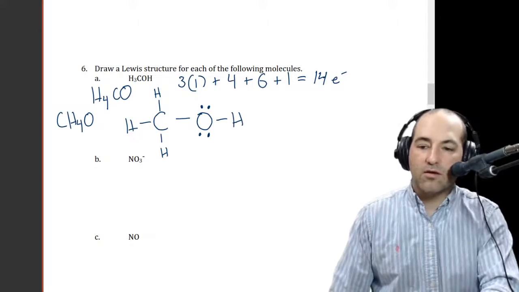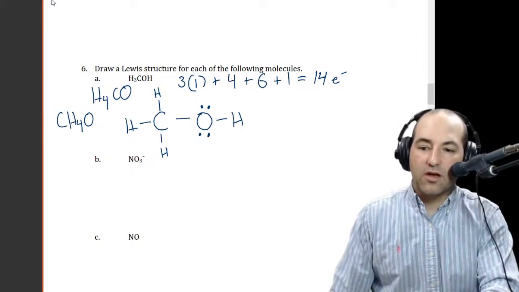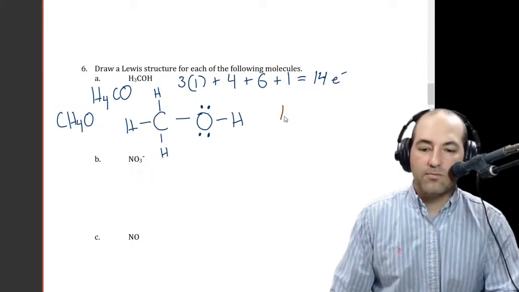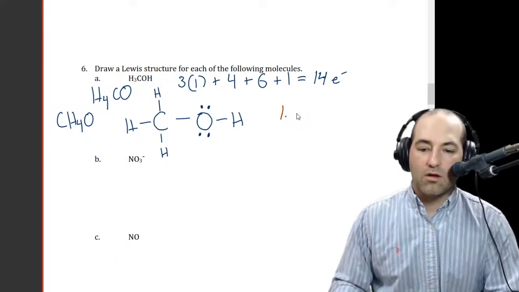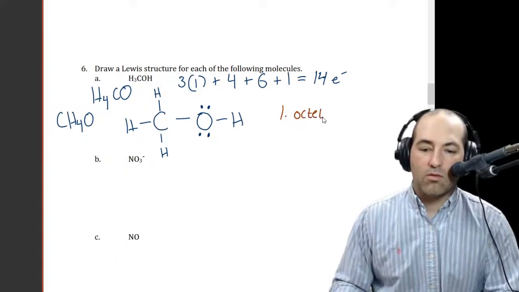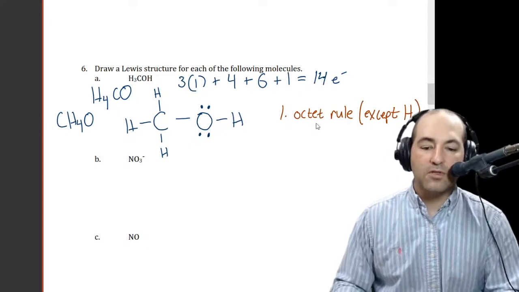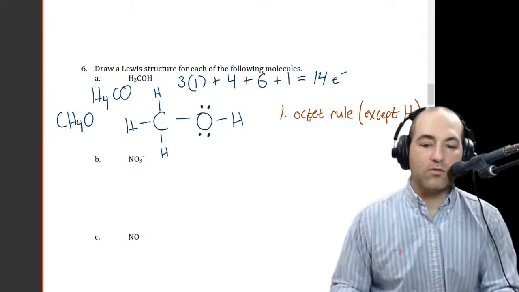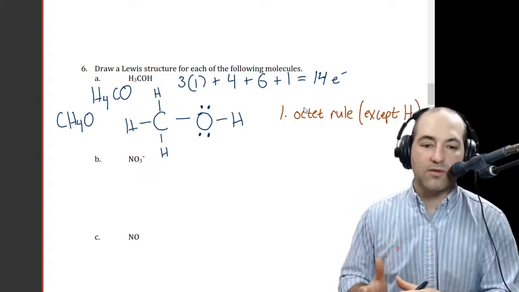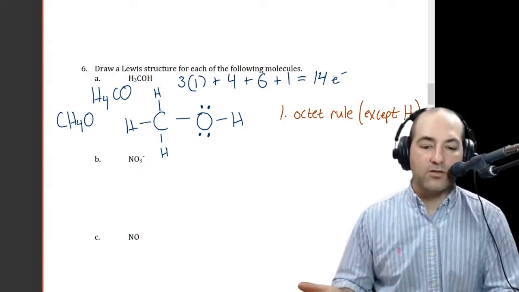So there are really two things that you're looking for when you do these structures. One is make sure every atom in the structure obeys the octet rule. So every atom has 8 electrons around it in the compound, except for hydrogen, which is going to have 2.